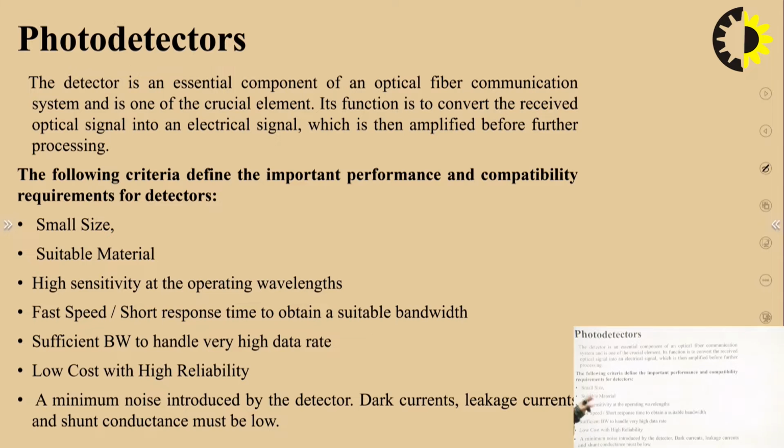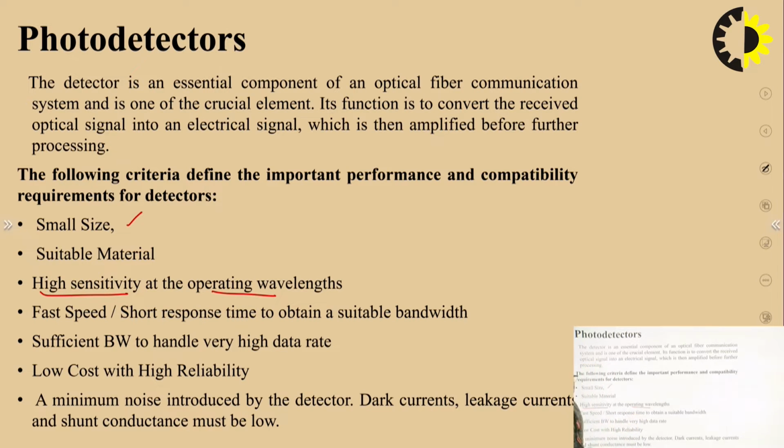The following criteria are essential for photodetectors, or you can say the minimum requirements we should have. It should be of small size, suitable material, and high sensitivity at the operating wavelength.